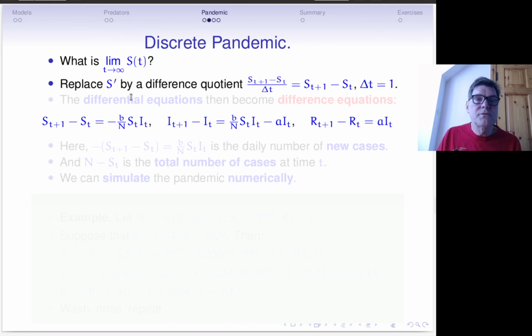And one way to do this is to replace the derivatives by a difference quotient. Remember, when derivatives were defined, they were defined as the limit of such a quotient, the difference between two function values over the difference between the corresponding x values, and then in the limit we made this difference between the x values, or here the delta t, the difference in time, as small as possible.